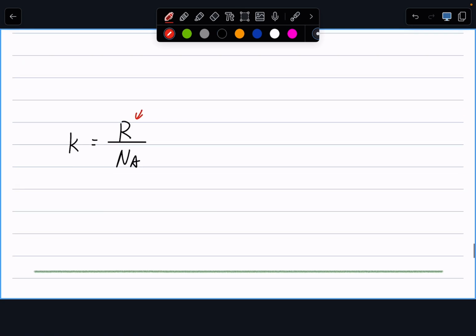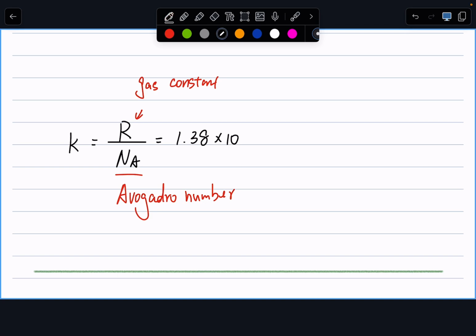So R is our gas constant, and NA is my Avogadro number. And k equals 1.38 times 10 to the negative 23 joules per Kelvin.